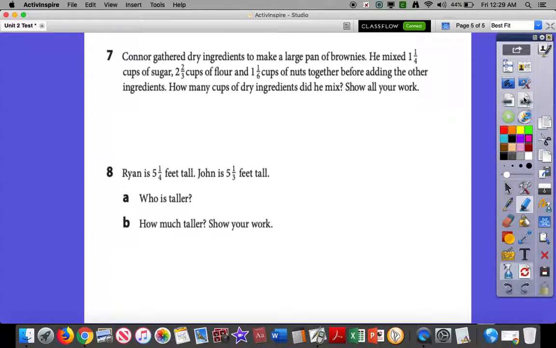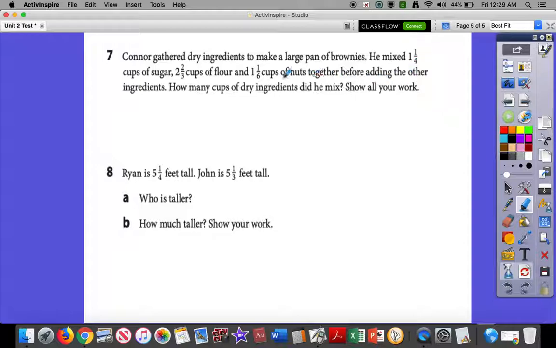Alright, you made it. Your last question. You do not have to do number 8, as you should see on your paper. You're just solving number 7. And number 7, we have 3 mixed numbers here. So Connor, let's read it first, sorry. Connor is gathering dry ingredients to make brownies.